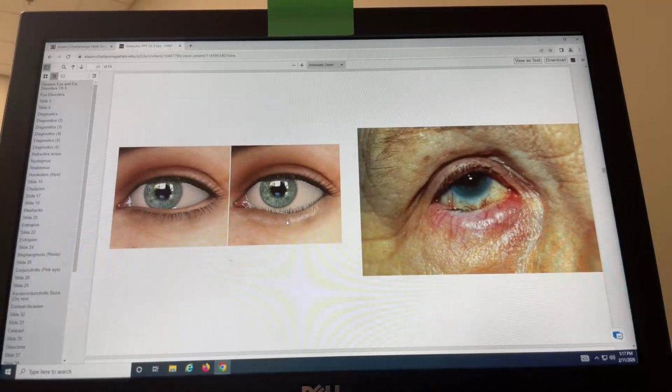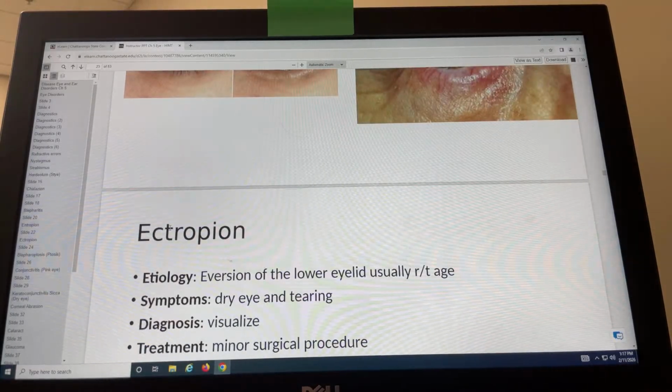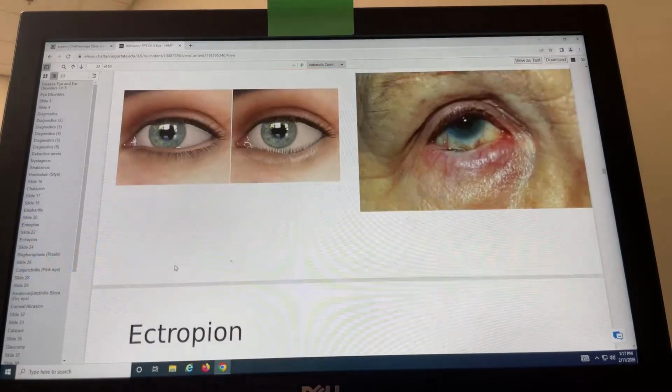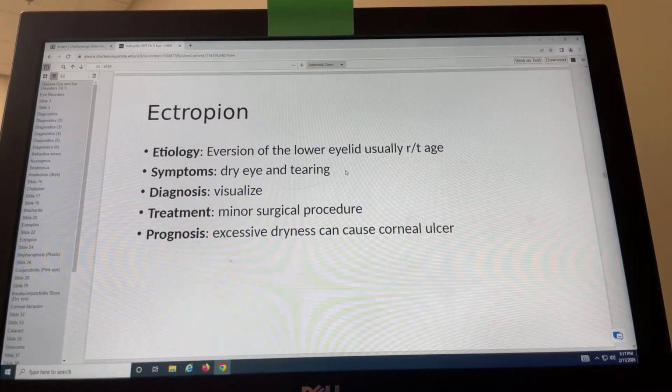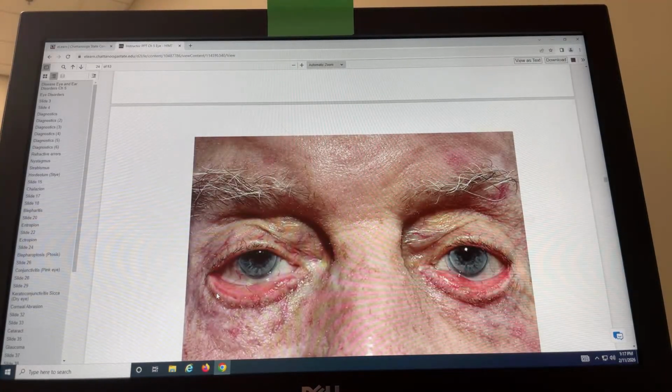So that's entropion. I think N like in, pointing in, because the other one is ectropion. So to not get those two confused, entropion is the eyelid is in. So the ectropion is where the lower eyelid is gapey and pointing out. So see how these eyelids are really droopy down here?